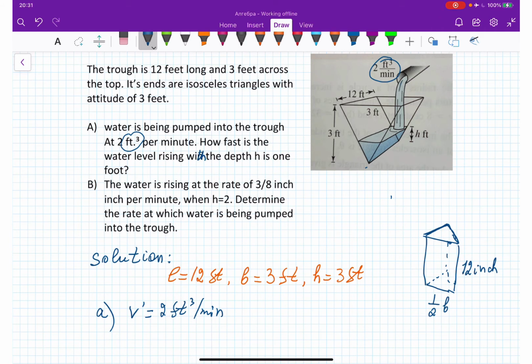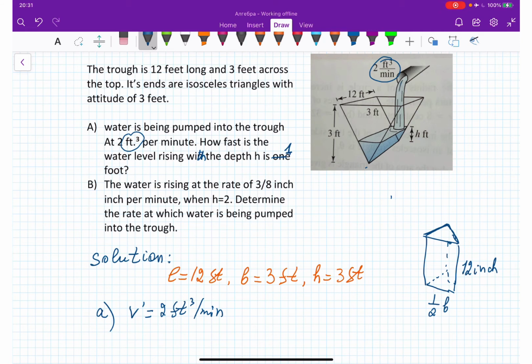With the depth h is 1 foot. Okay, I was dictating, Siri was typing and I didn't pay attention. Okay, I'll put it right down. So, how fast is the water level rising when the depth h is 1 foot.